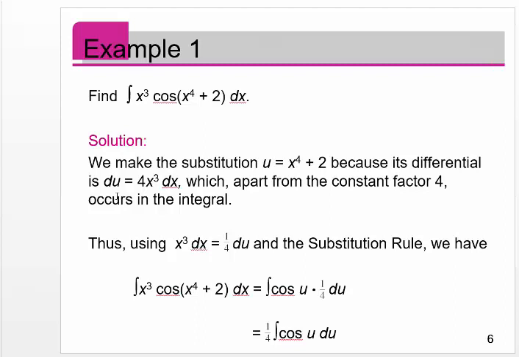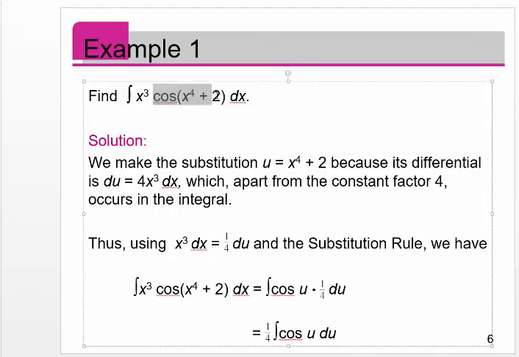Let's find the integral of x cubed times cosine of x to the 4th plus 2, dx. All right. Let me give you a hint how you can know if you're supposed to use a u substitution. It's like x cubed, and then I've got cosine of this crazy thing. What do I even do?